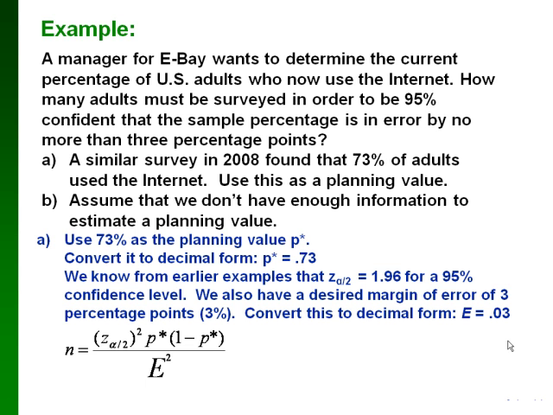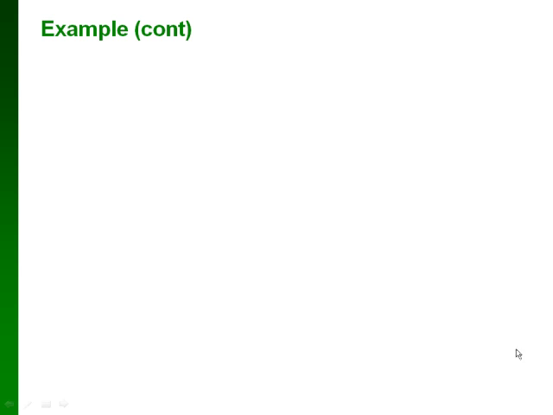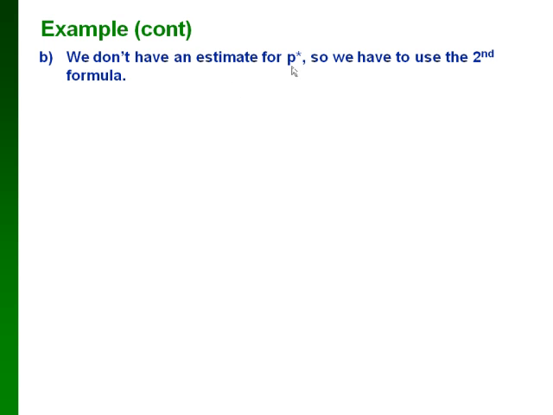Here's the formula that we're using since we have that planning value, and we're just going to plug all of our values into the formula. This turns out to be 841.3. Always with sample sizes, we want to round up to the next greatest integer, so we would round this up to 842.